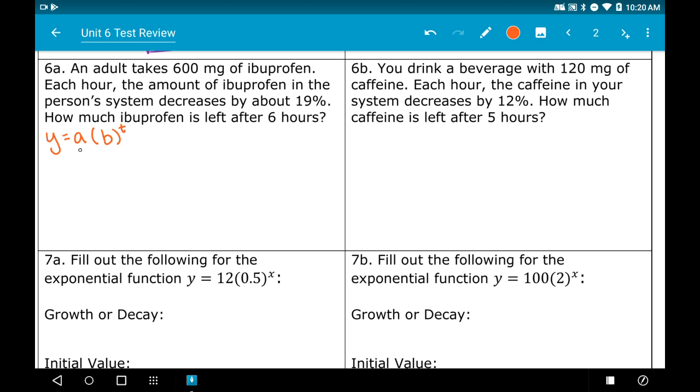And in this case, a will be what we started with, so our initial value. And b is going to be our growth or decay factor.